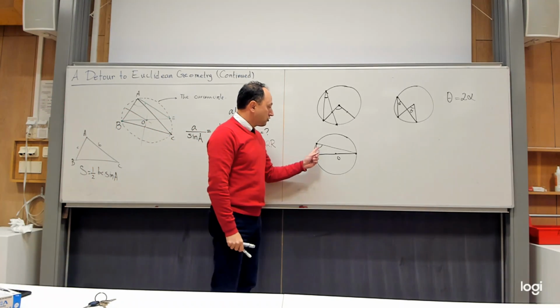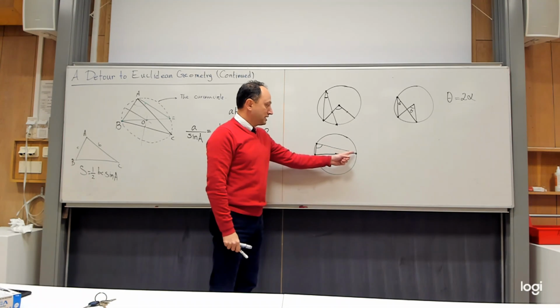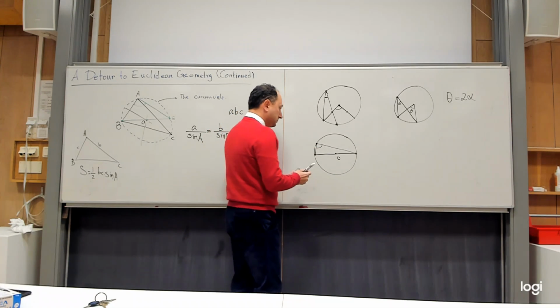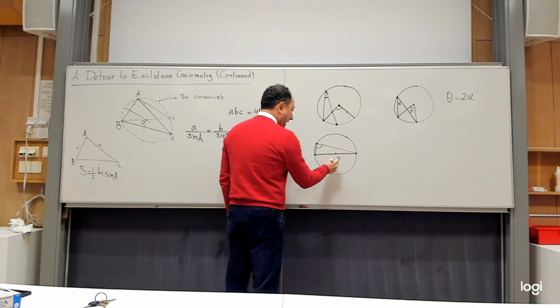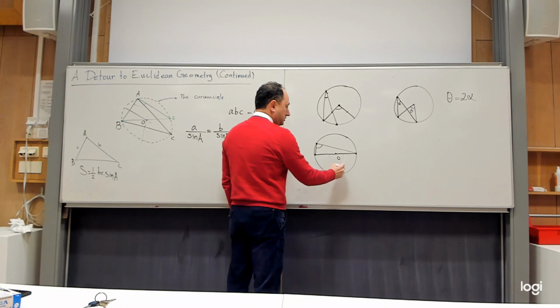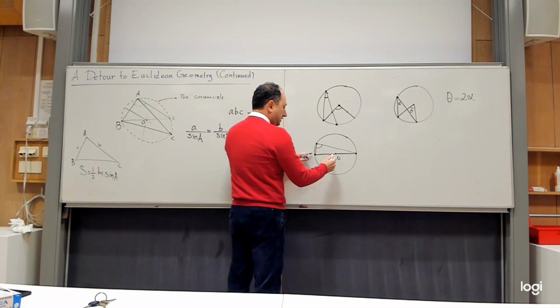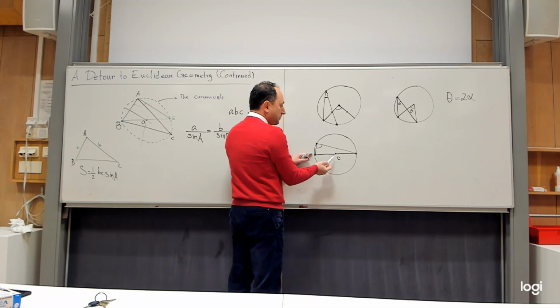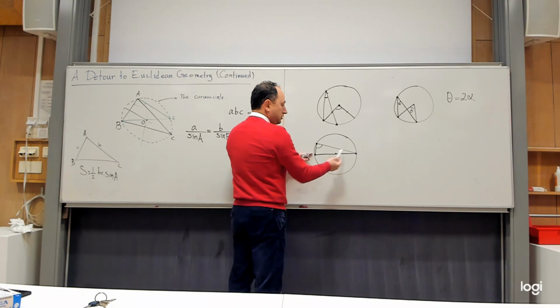So the inscribed angle subtending half a circle is what? Is 90 degrees. Why? Because what is this angle? Definitely 180. And this is a central angle because its vertex is the center and its legs are radii.